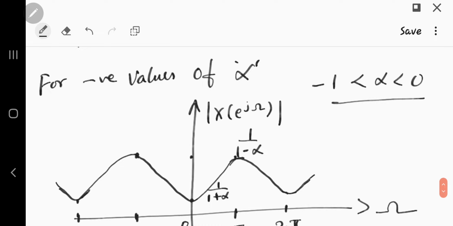Or you can keep it as it is with no change, 1 by 1 plus alpha here and 1 by 1 minus alpha here, but alpha takes the negative value. That's why you will get the spectrum like this.